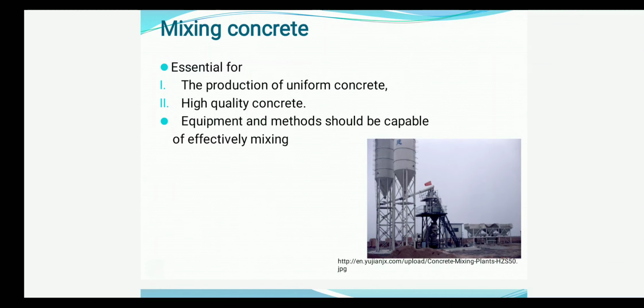Mixing concrete. The concrete mixing is essential for the production of uniform concrete as well as high quality concrete. The equipment and the methods used for the concrete mixing should be capable of effectively mixing.